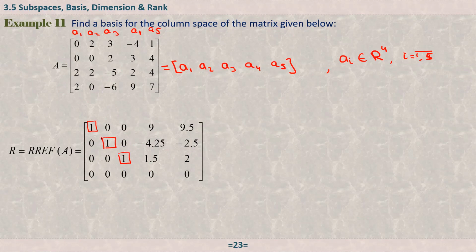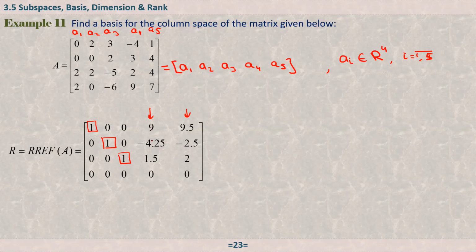That means the first 3 columns are linearly independent. The other columns are dependent, because as a linear combination of the first, second, and third columns, I can produce these vectors. So I don't have to take them as vectors in our basis.